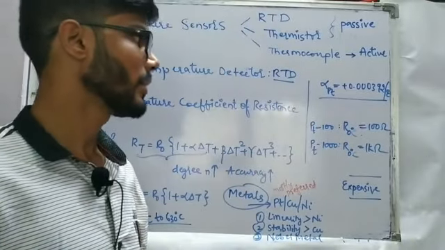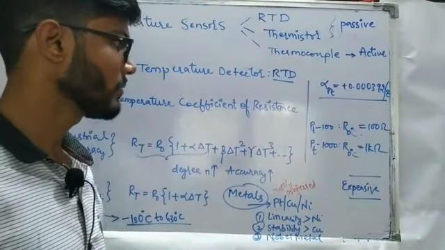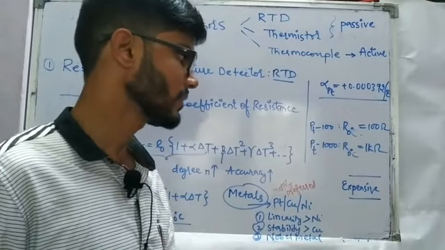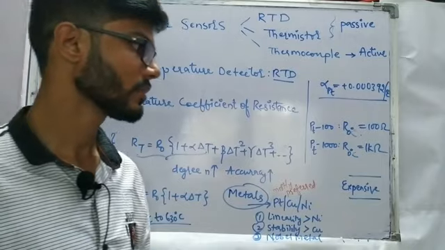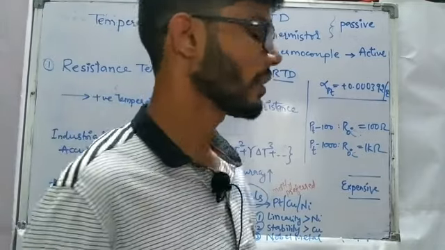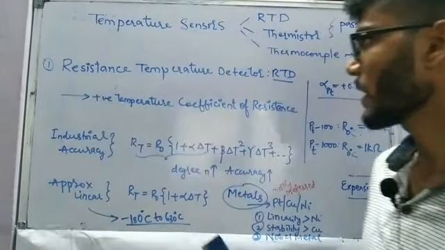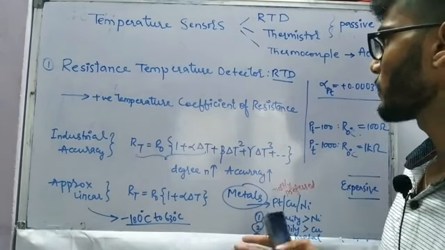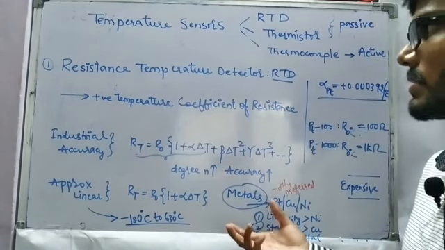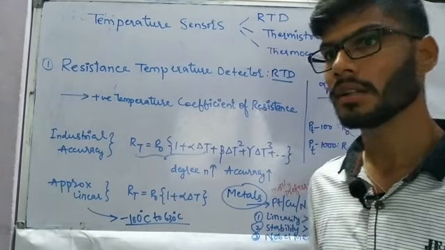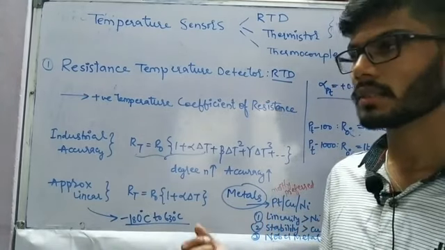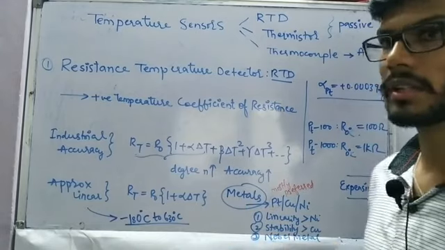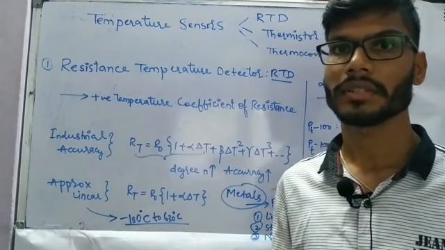And having merits, it has demerits as well, which is that it is going to be a little expensive. So until and unless we require the platinum sensor or RTD, we will try to establish the experiment with the help of other sensors. Only if it is required will we go with that, because in the chemical industries platinum is a noble metal, so it is not going to react with the measurand.